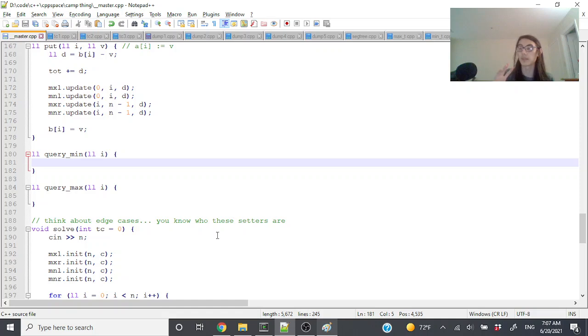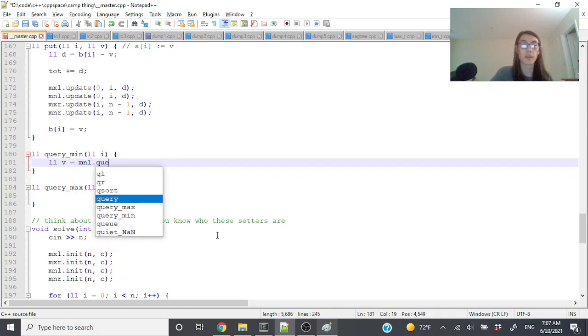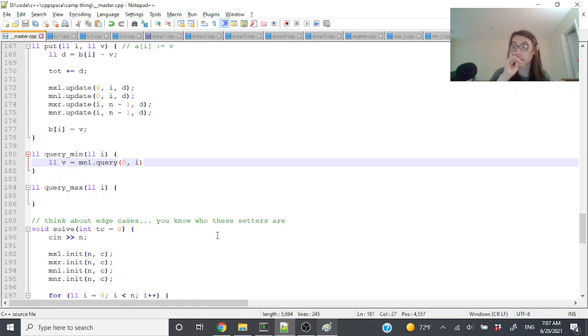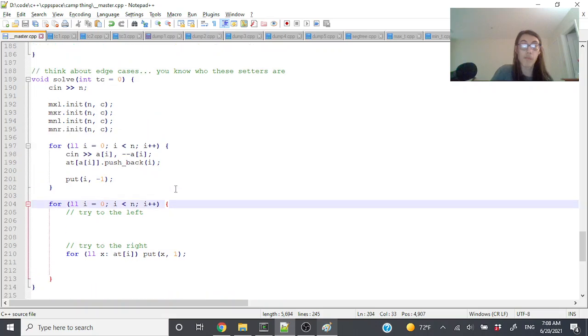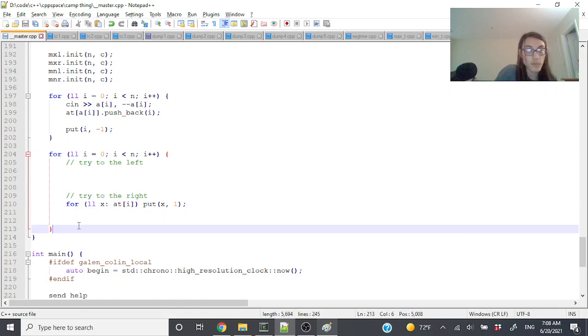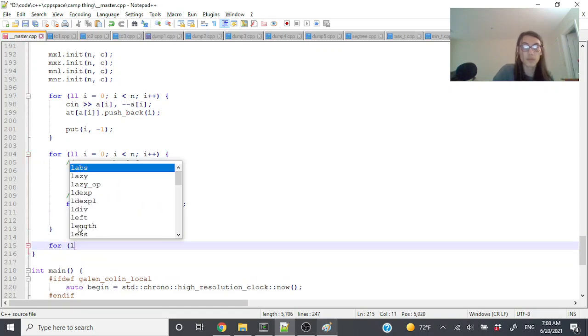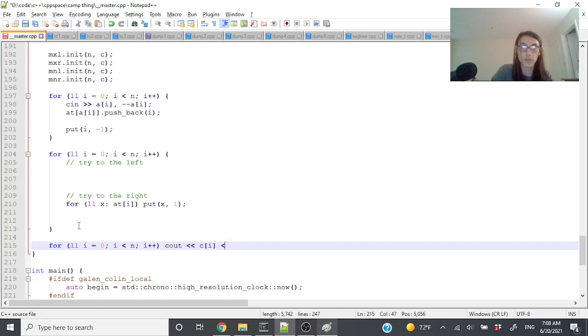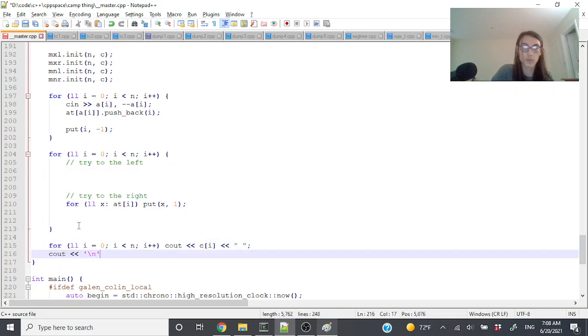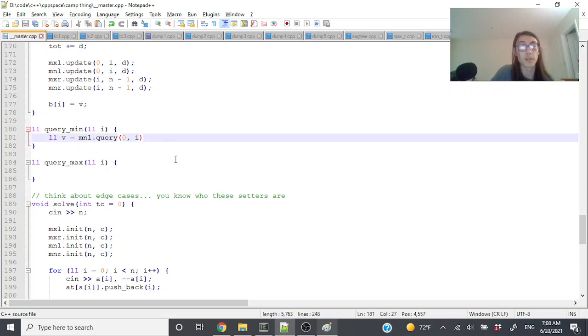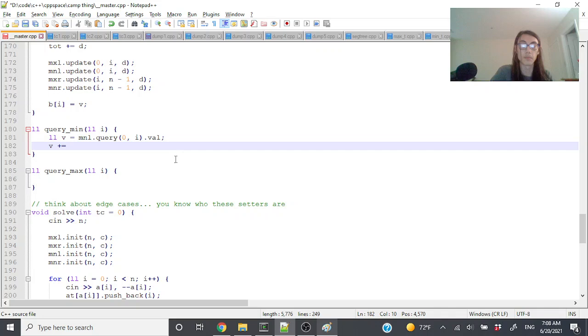So we query the minimum prefix sum to the left. mnl.query 0, i. Okay. v plus equals mnr.query i, m minus 1.